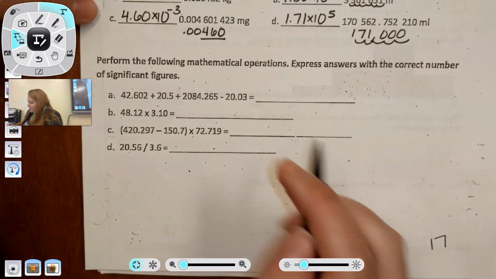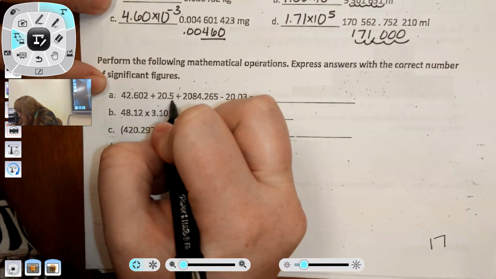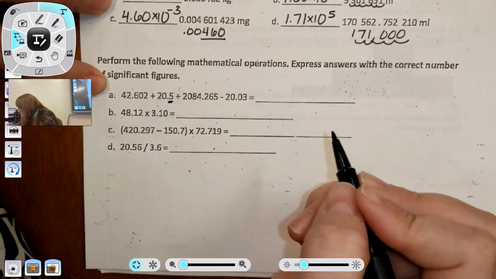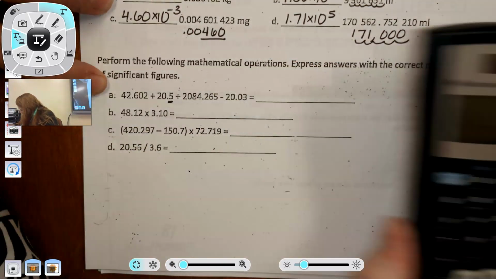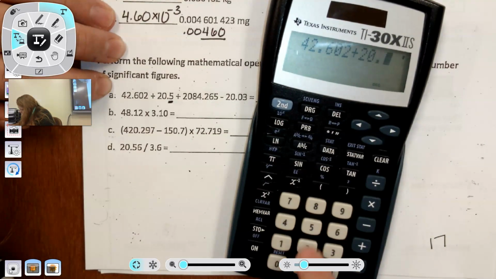Alright, let's follow our rules again. This is adding and subtracting, so my answer can only have 1 decimal place. So I'm going to add them up. 42.602 plus 20.5 plus 2084.